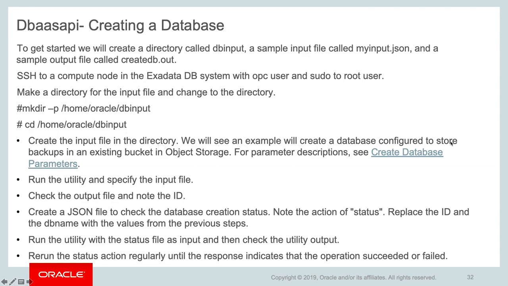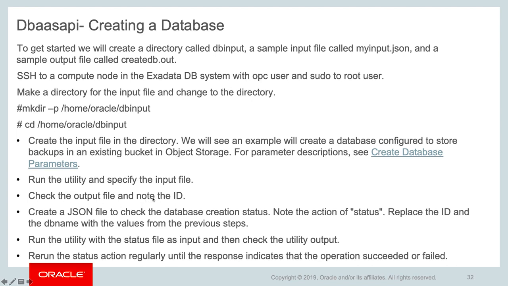We'll create a database configured to store backup in an existing bucket in the object storage. For the parameter descriptions, you can always look into the documentation for what it supports. You need to run the utility and specify the input file, and when you run this, you will get an output, and there will be an ID inside that.